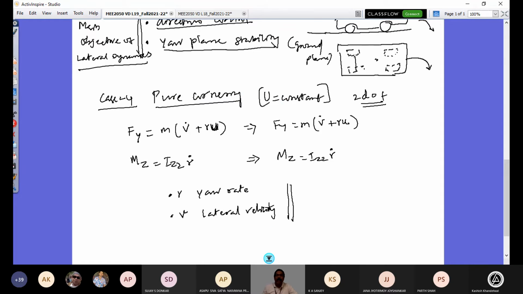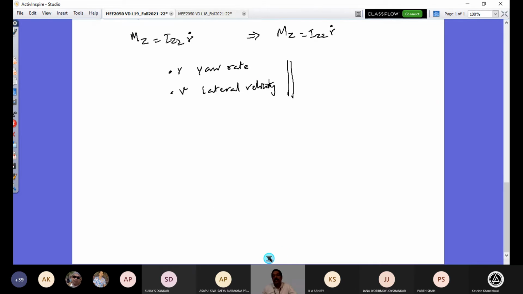And the last case, which is sufficient for classification or comparison of your vehicles, is called case number 5, steady state cornering. What I mean by steady state cornering is this experiment.